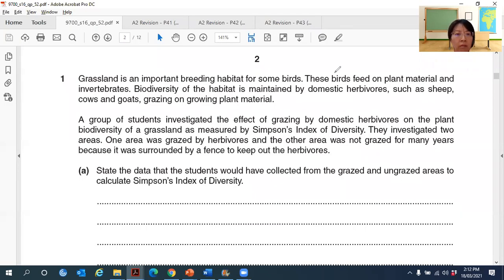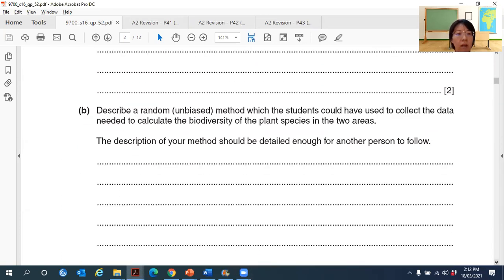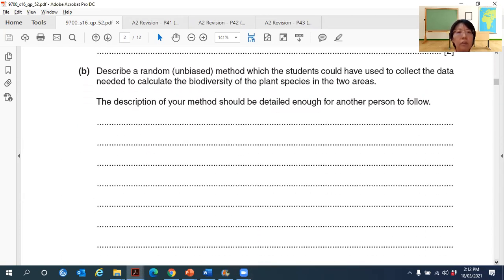Next question. Describe a random method which the students could have used to collect the data needed to calculate the biodiversity of the plant species in two areas. And the description of the method should be detailed enough for another person to follow. So this question is asking you to write down the detailed method.